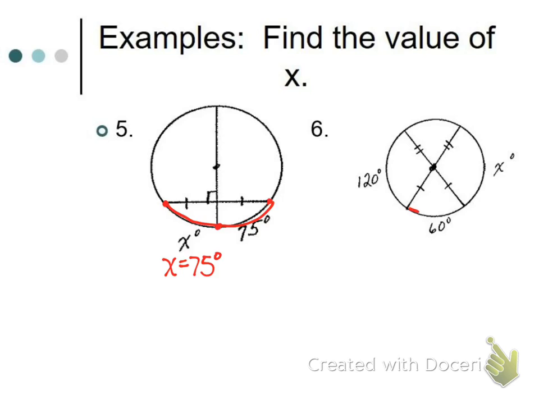So if we instead look at the other diameter here, it includes X and the 60, which means X has to equal 120. Questions, concerns? There are other ways of getting to that same answer. I just think that's the quickest way, is to recognize that diameters give arcs that measure 180 degrees.